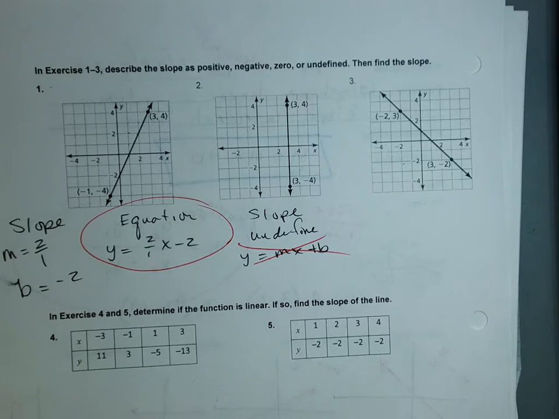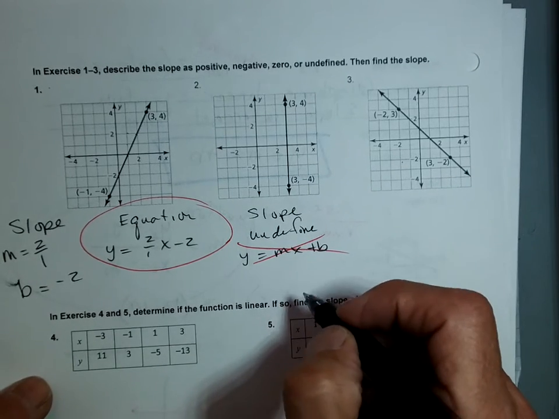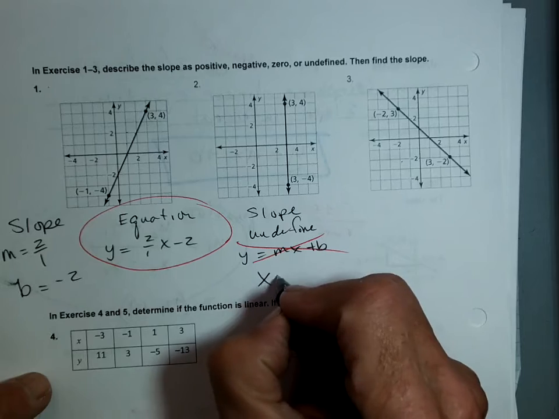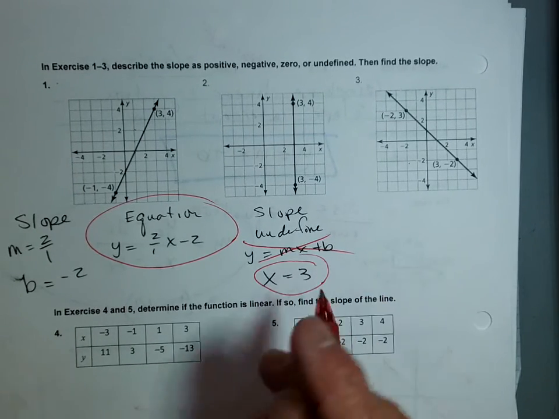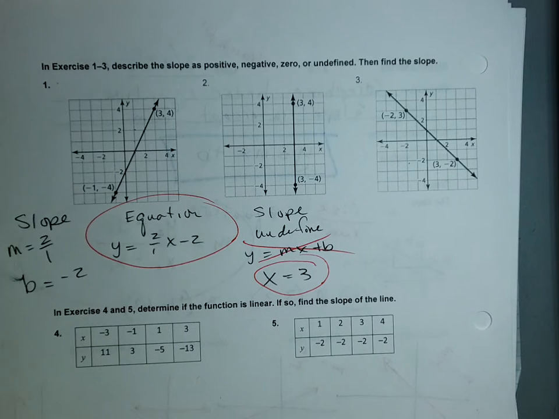Yesterday we learned that it's going to be an x equals equation. This one's going to be x equals 3. It doesn't have a slope, so there's no m, and it doesn't have a y-intercept.